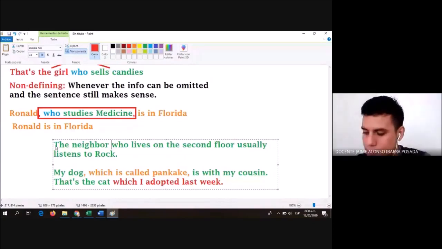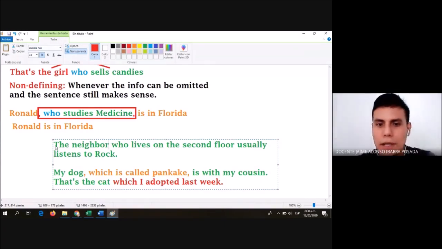that information can be omitted. Your classmate, comma, who is very intelligent, comma, isn't paying attention to the class. The neighbor who lives on the second floor usually listens to rock. Can you say the neighbor usually listens to rock?